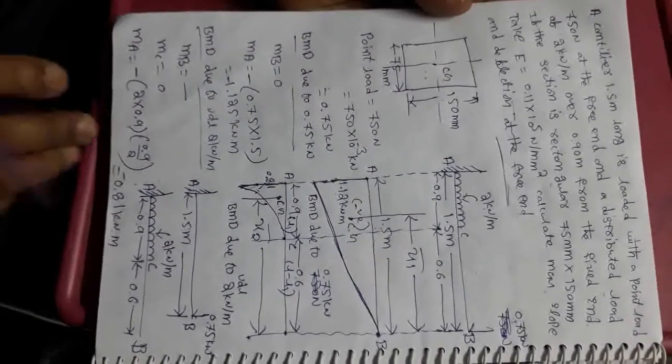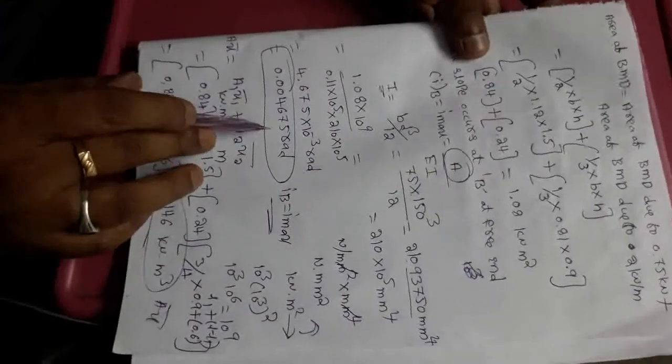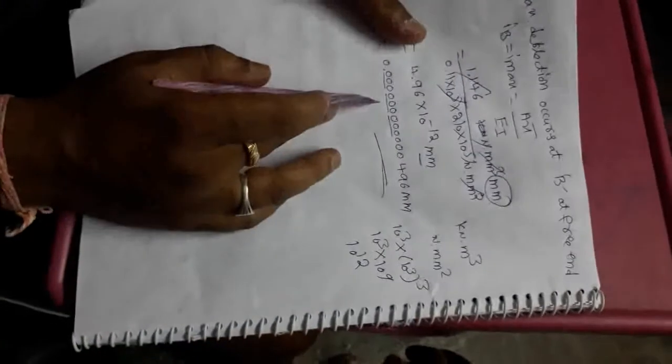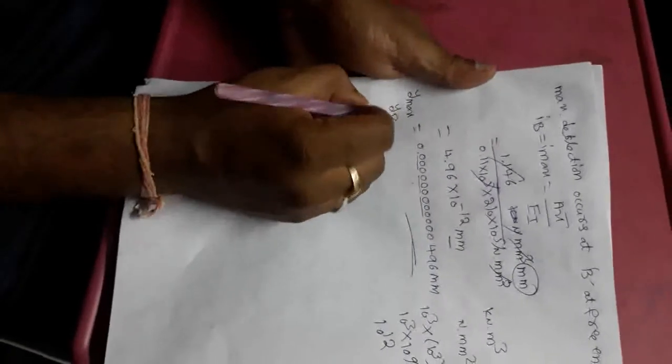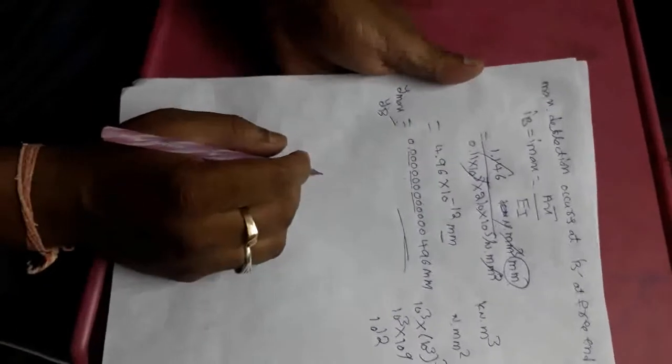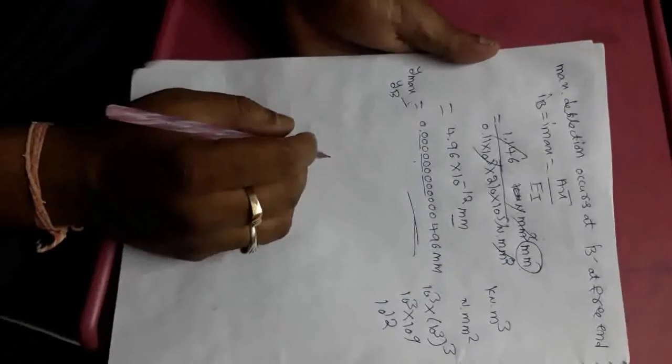So this is the I value, and this is the deflection value, that is y max or y B. Okay, so practice this problem multiple times.